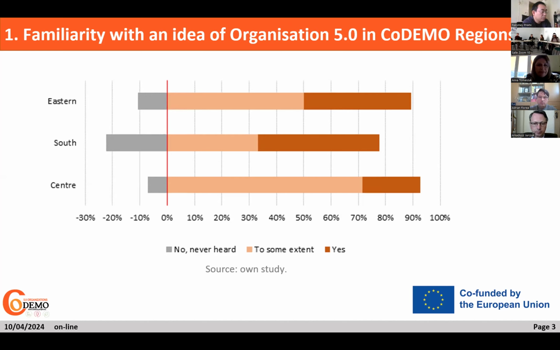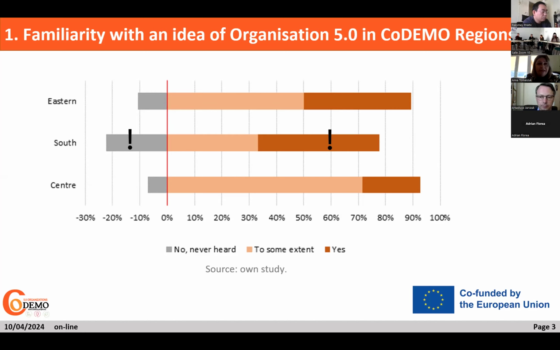Quite an interesting situation is in the South region. Despite the relatively high awareness of the concept, around 22% of respondents had never heard of the idea. It shows the importance of taking actions to disseminate the essence of the transformation 5.0.